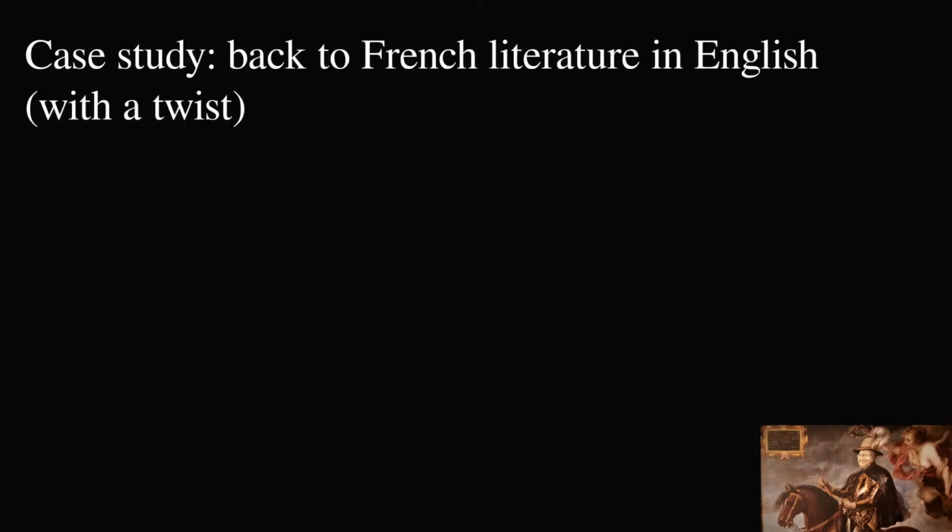let's go for a couple of details, and let's go back to what I already mentioned today and also yesterday. The diagram of French literature in English, this time, however, with a little twist. So remember how crowded the Bootstrap consensus tree was. Let's now see if we can do something better.